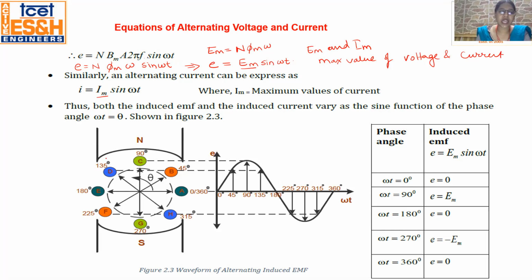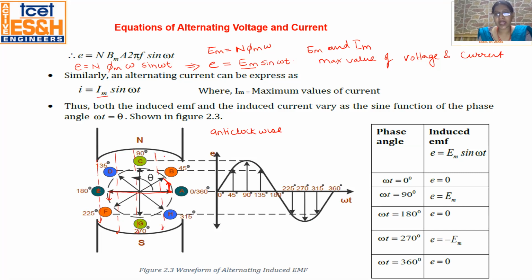Now see, this is again the arrangement of coil with a different angle. Suppose this is the coil and this is the rotation. It rotates anti-clockwise. When it rotates anti-clockwise, at this position the magnetic flux lines are like this, north to south.